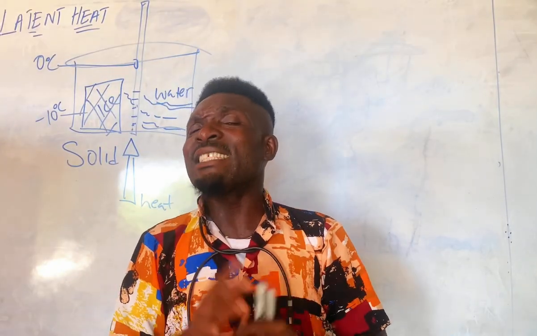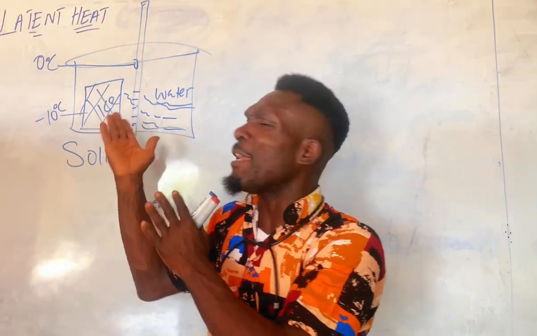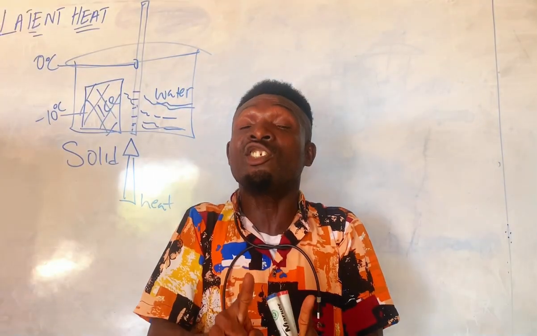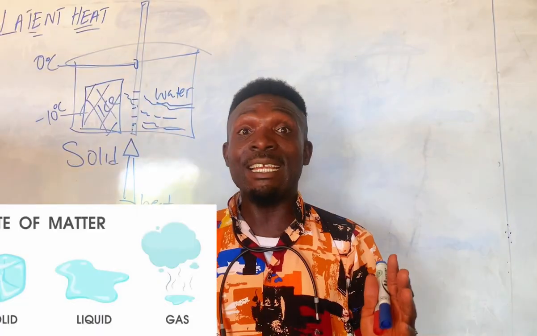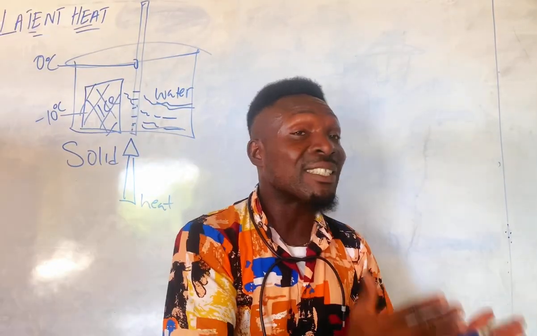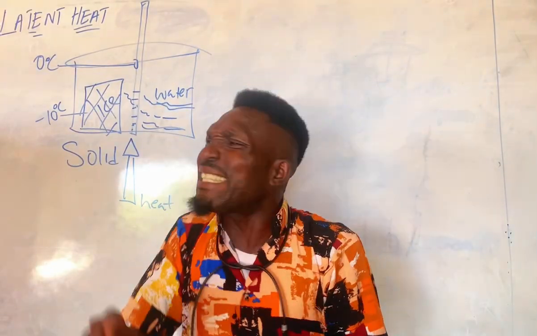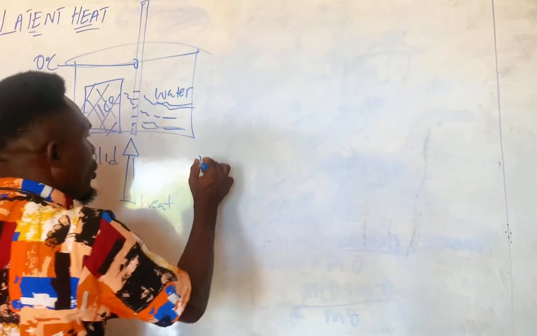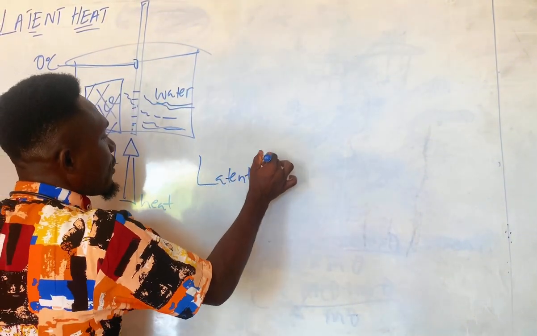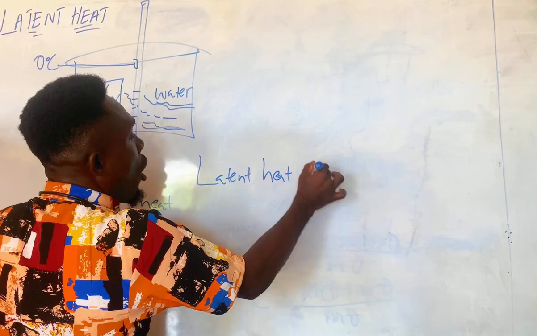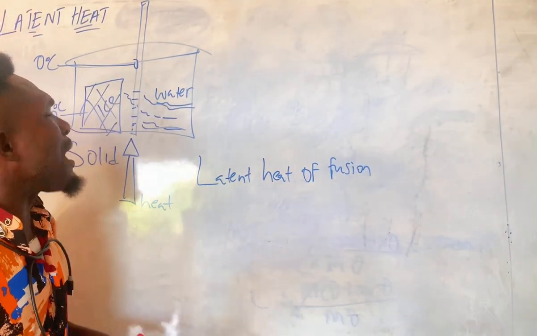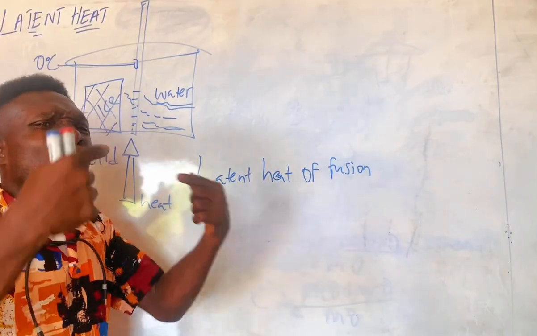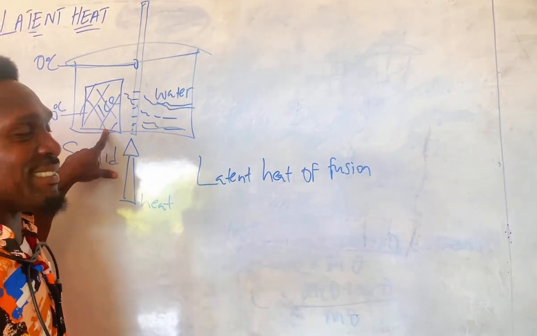In the case of latent heat of fusion, it is almost the same thing, but in this case, we are changing solid to liquid. But in the case of latent heat, you are changing anything from one state to another. When I say latent heat of fusion, we are talking about the amount of heat that is supplied to a substance.